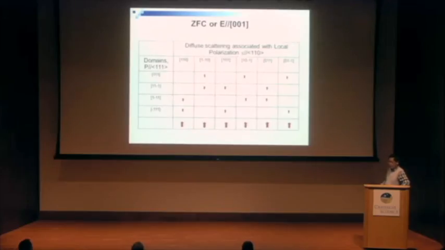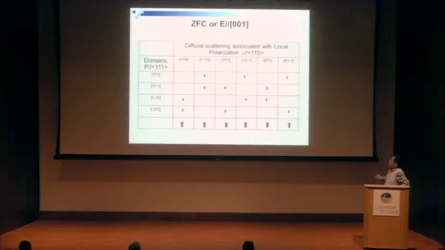Let's see how we use this model to explain our result. We have 4 different kinds of 111 ferroelectric domain, and each is coupled to 3 local polarizations perpendicular to it.